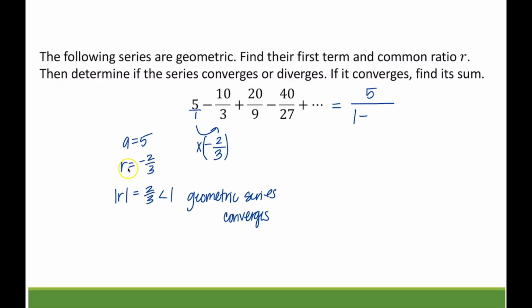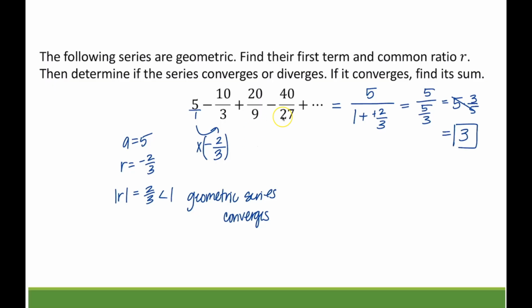We want to take the common ratio with its sign. We want to take negative 2/3 with us here. So 5/1 over 1 minus negative 2/3, that would become plus. So we're going to have 1 is 3/3 plus 2/3 is 5/3. And then let's write that as 5 times the reciprocal of 3/5. So the 5's cancel, and we know that the sum is just 3.